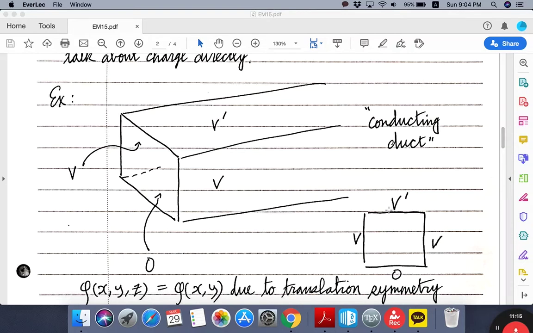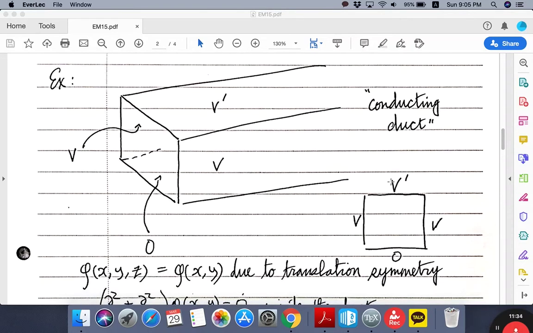So a conducting duct is this long, it's a duct. It means it's a rectangular shape with an infinite extent in one of its directions.